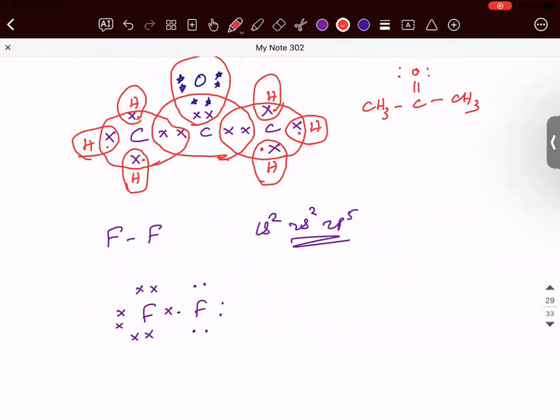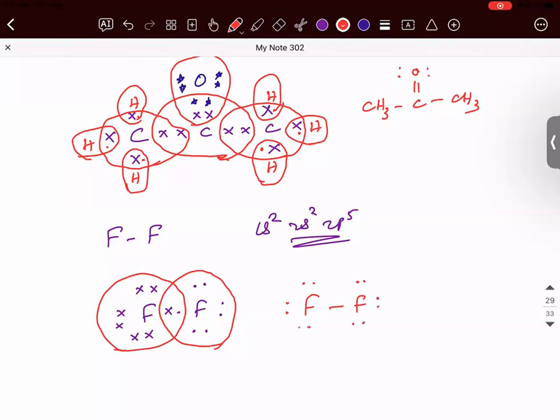So when you are rounding up, the fluorine bonded fluorine will contain 6 lone electrons around it. It should have 8 electrons in other Lewis structures. Hydrogen, helium na 2, 2 இருக்கும். மத்த எல்லாமே 8 structures இருக்கும். Okay. Is it clear?